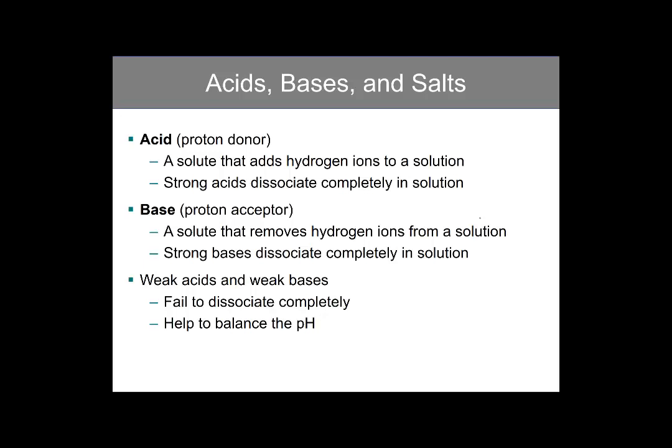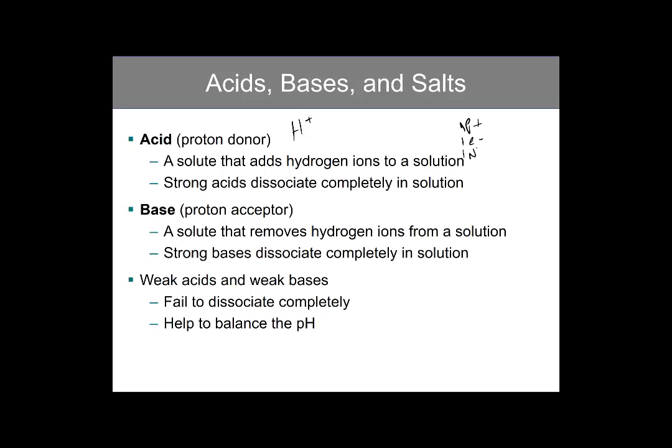Acids are proton donors. If you remember, an acidic solution has a very high hydrogen ion concentration. Hydrogen has an atomic number of 1, so you would expect 1 proton in its nucleus, 1 electron in the cloud, and 1 neutron in the nucleus.